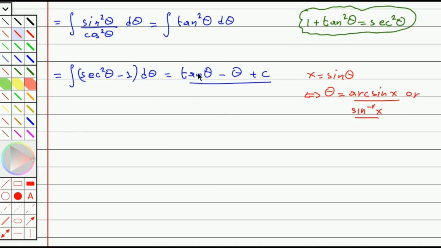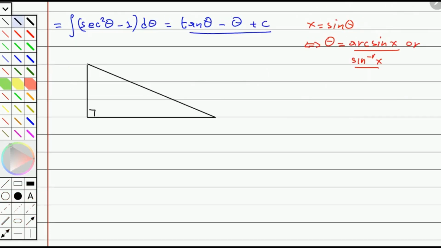And also we need a right triangle to help us understand how to find the tangent of theta, the expression of tangent of theta based on x. So this is our right triangle. If we consider this to be theta, which is an acute angle, we can clearly see that the sine of theta, which is the opposite over the hypotenuse, is equal to x over 1, let's not forget. So the opposite is x, divided by the hypotenuse, which is 1.